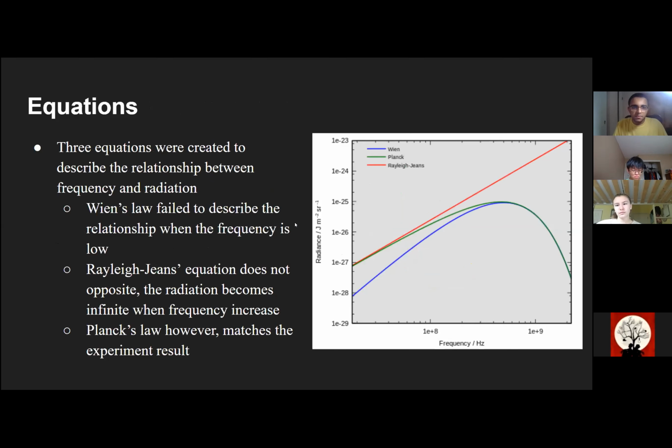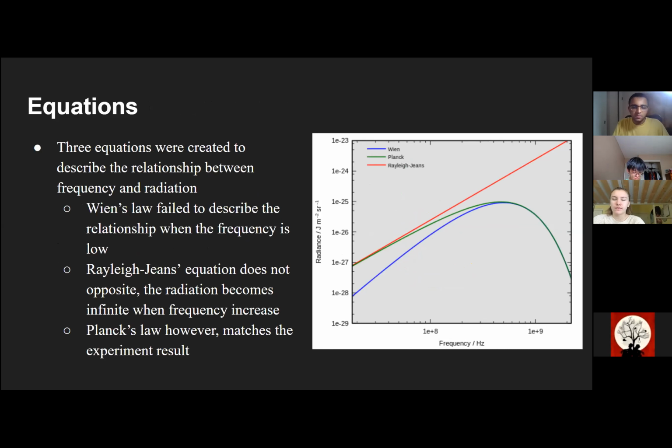Next slide, please. Okay, it's known that physicists like to give an equation to everything, so they tried to make an equation for blackbody radiation. Usually people consider the radiation as a wave, so they used this to create two equations. The first one is Wien's equation. Wien's equation is not really based on any idea; he was just trying to fit the experiment.